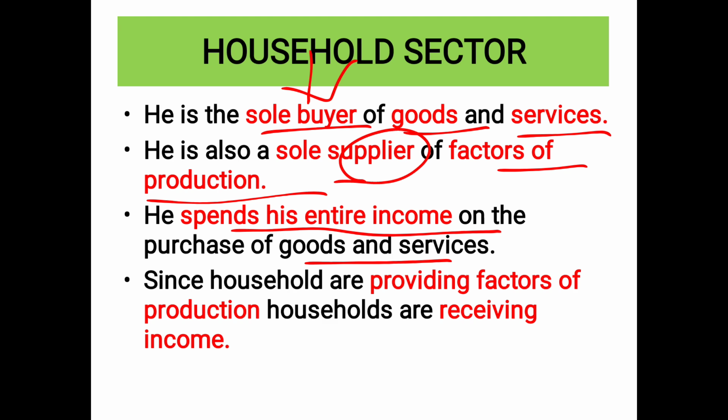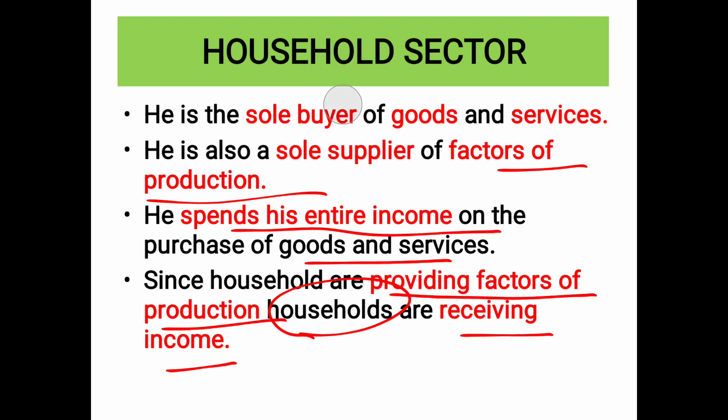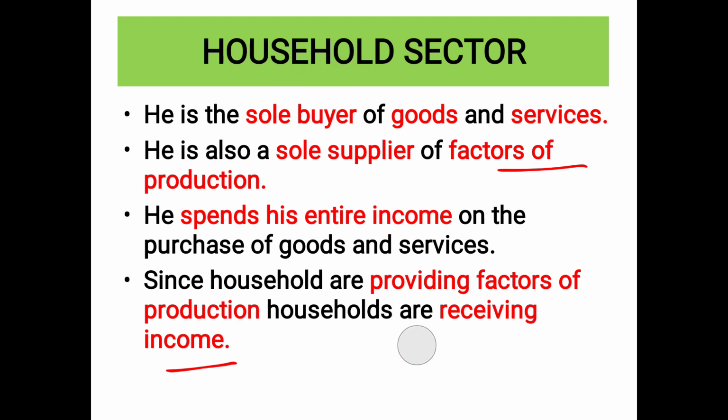He supplies factors of production to the firms, and in return he receives income. So the main work of a household is utilizing his income for consumption of goods and services. After the consumption, a part of the payment he pays in the form of tax towards the government. This is the work of a household.